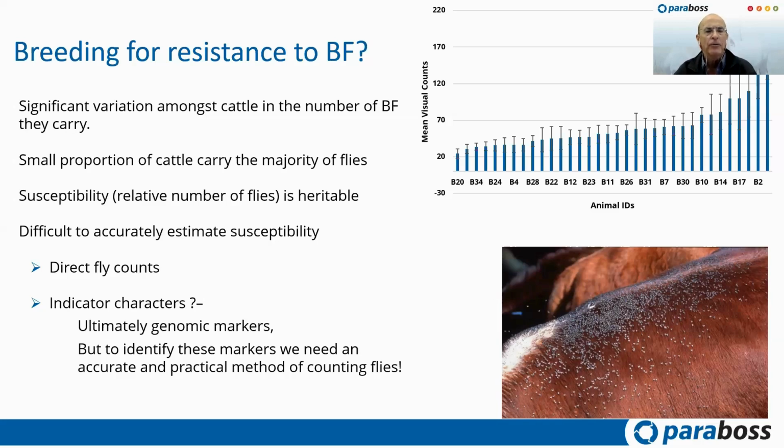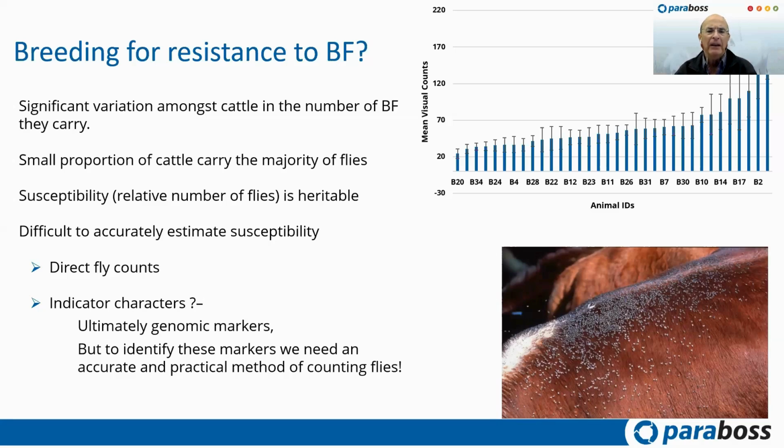And we know from experiments where we've very accurately counted the number of flies on each of the animals, that this difference in the number of flies is heritable, and it's at least moderately heritable. And if we can count the number of flies accurately, or measure the number of flies and get those heavily infested animals, the heritability is really quite high.